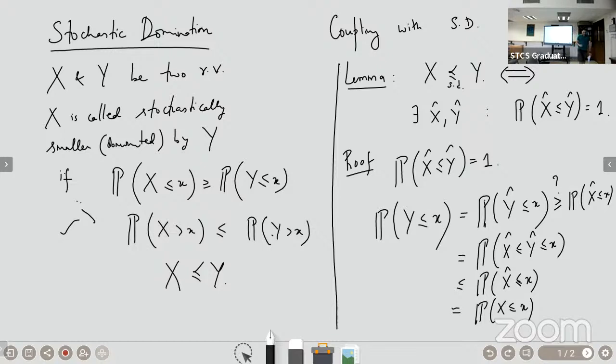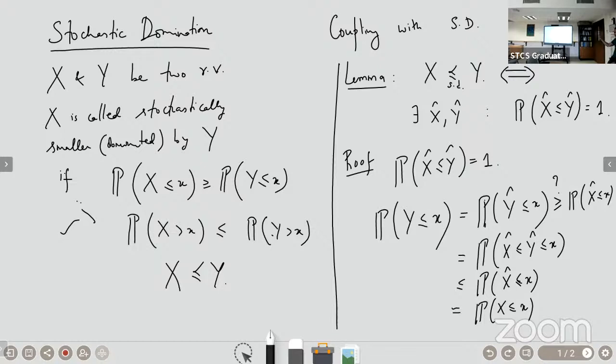X hat is less than or equal to y hat less than or equal to x. So there are two events. If I drop one, what happens to the probability? So I keep that question mark as it is. I don't think that is correct. The thing is going in the wrong direction.